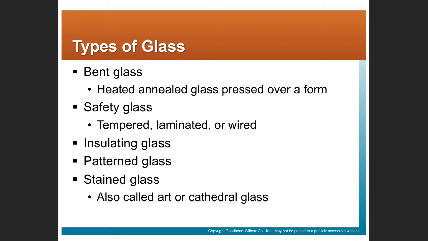Laminated glass would mean that a couple different sheets of glass are put together with a material in the middle. Or wired glass, again, sheets of glass are put together with some thin wire in the middle. These are all examples of safety glass, right? We have safety glass in our storm windows in our houses.